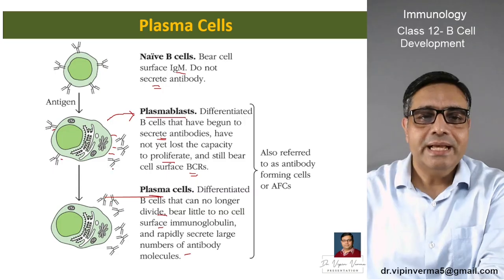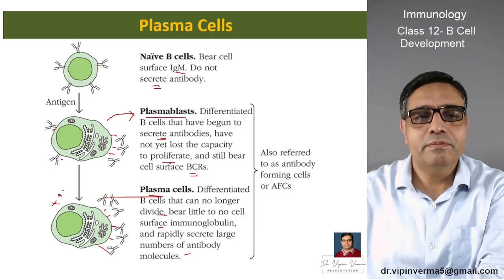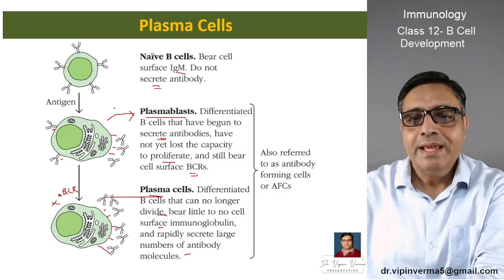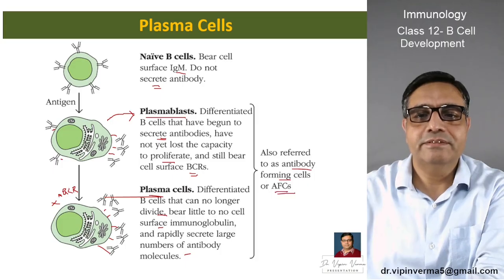So you can see, as compared to the plasma blast, these plasma cells secrete a very high number of antibody molecules, and there is no expression of membrane bound BCR. Okay. Now these plasma blasts and plasma cells are also referred to as antibody forming cells or AFCs. Okay.